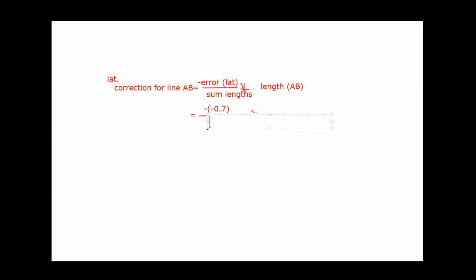So this is here 1099.09. And then you multiply this by the length of AB, 136.60. And then that equals whatever you will get here, which I have the 0.0866. That's the correction for the latitude.